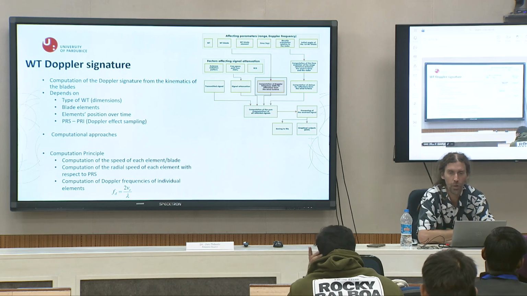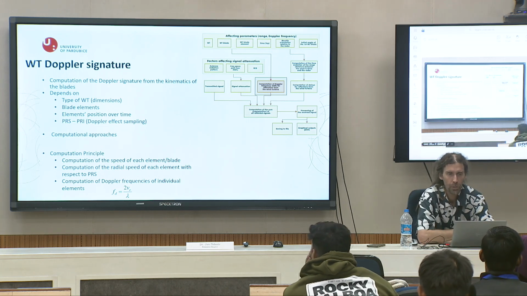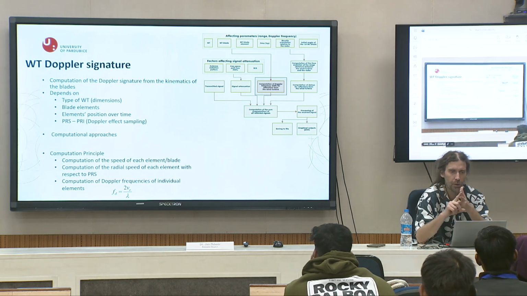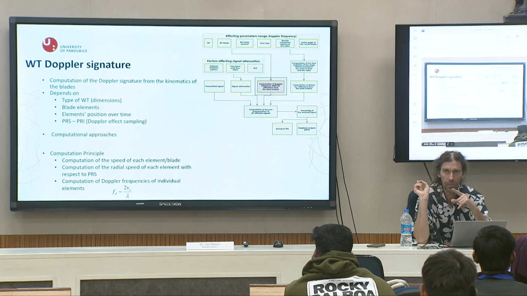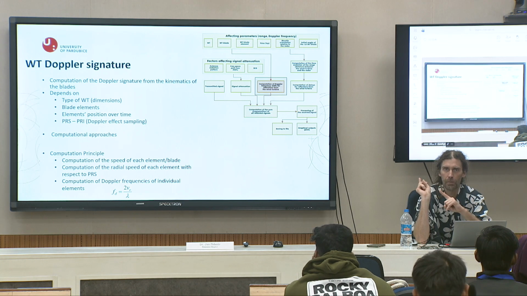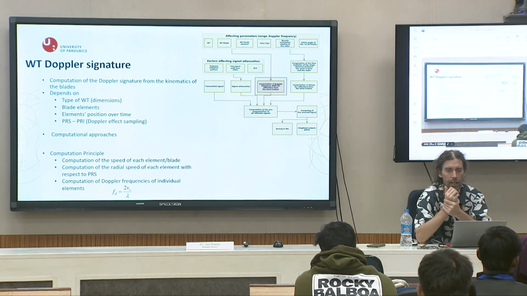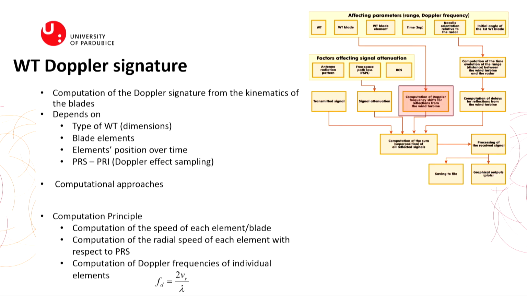Then there is the wind turbine Doppler signature. It is computation of the Doppler, which depends on the wind turbine, again blade elements, element positions, and first of all PRI. Doppler effect sampling is the first parameter of the radar. What is the computational principle? We first compute the speed of each element, each blade element, of course independently.